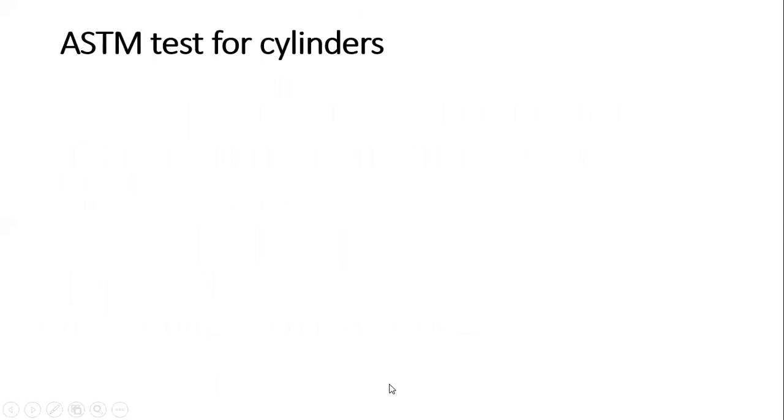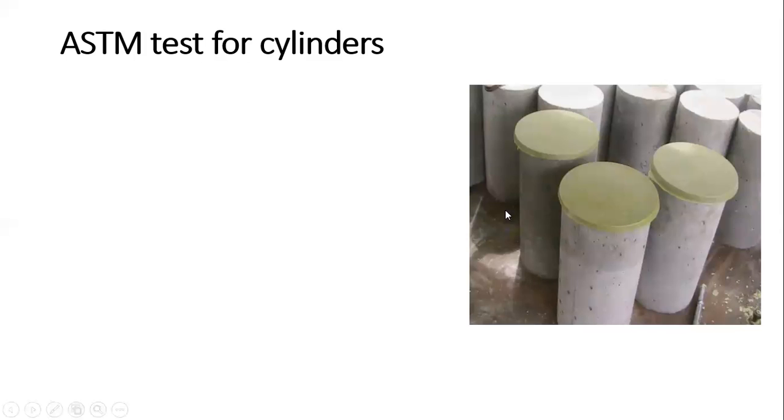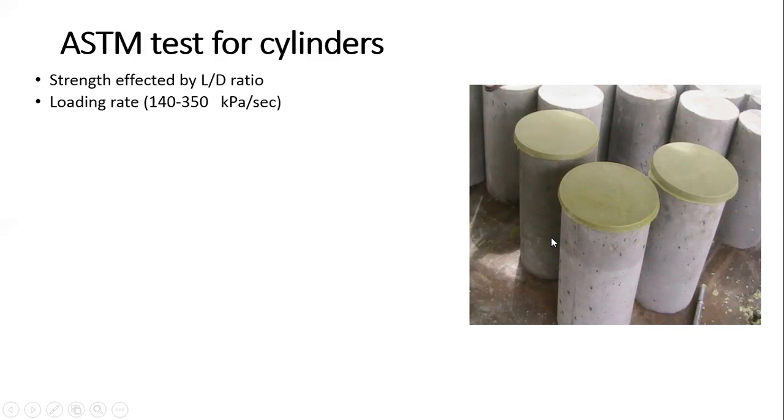Now, what are the ASTM tests for cylinders? In India, we calculate the strength of concrete using cubes, and for the American standard, we use cylinders. The strength is affected by the L by D ratio, which is naturally 2.